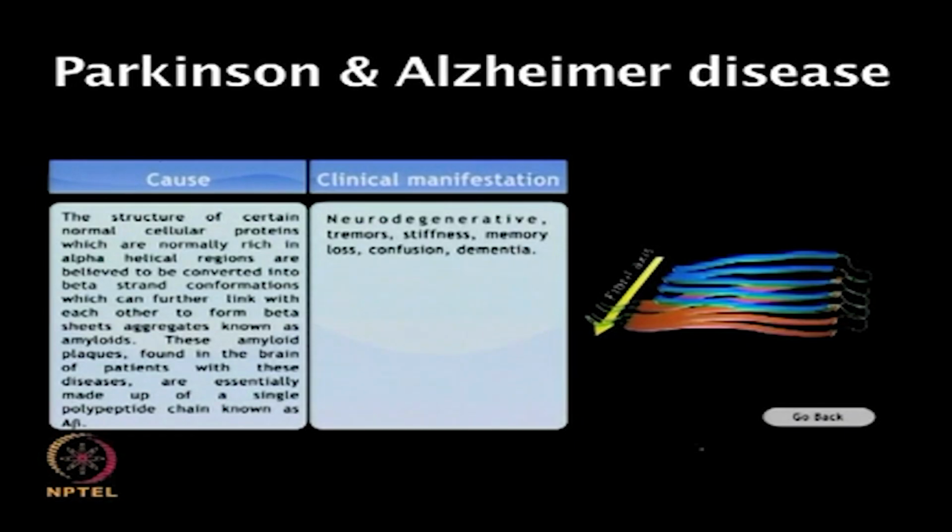These amyloid plaques found in the brains of patients with these diseases are essentially made up of a single polypeptide chain. The clinical manifestations include neurodegeneration, tremors, stiffness, memory loss, confusion, dementia, etc.